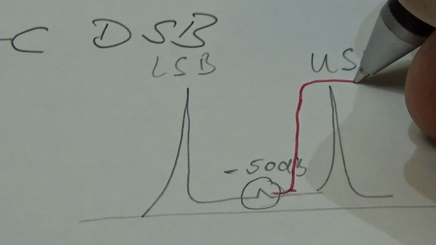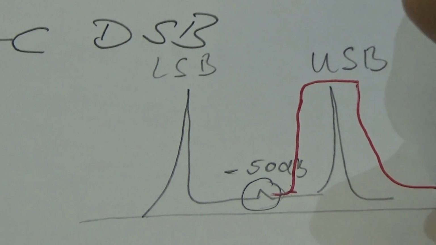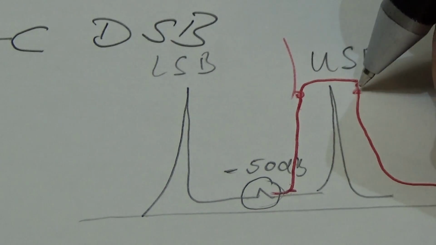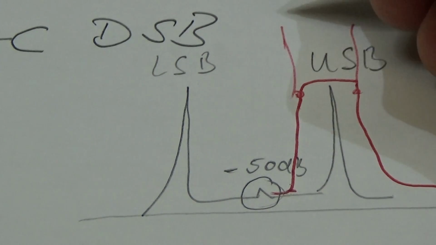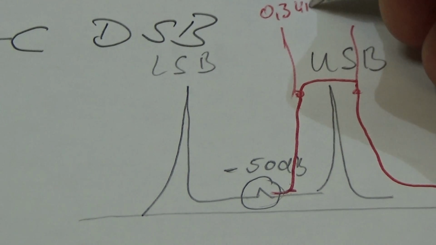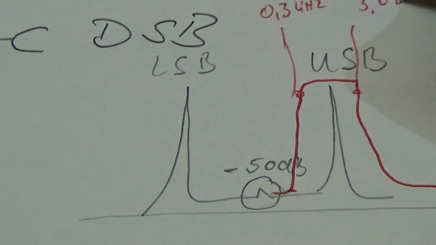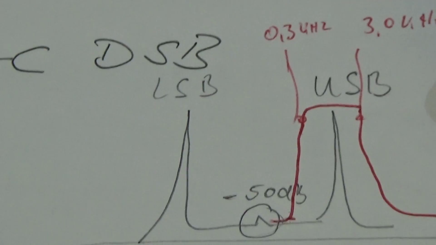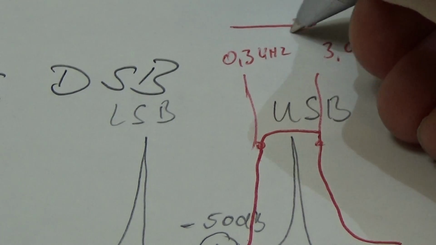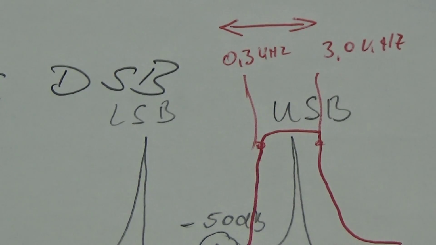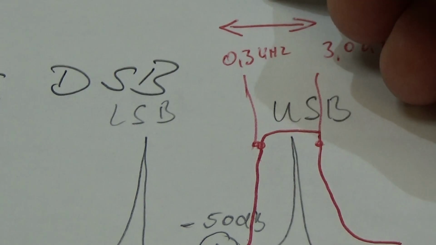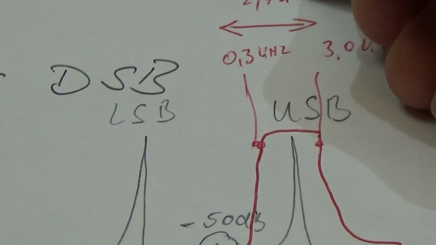This here is our passband, and let's say our 3 or maybe 6 dB points are from 0.3 kilohertz up to 3 kilohertz. Again, this is only an example, and that means our entire SSB bandwidth is 2.7 kilohertz.